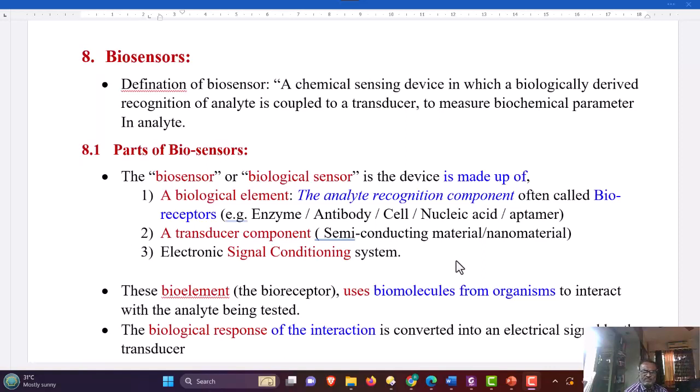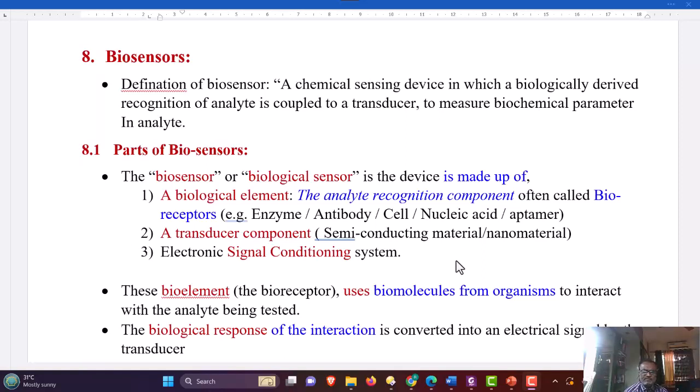There are various biochemical materials that can be used for detection of the various properties of the analyte. The analyte can be a blood sample, a urine sample, or other samples taken from the body.